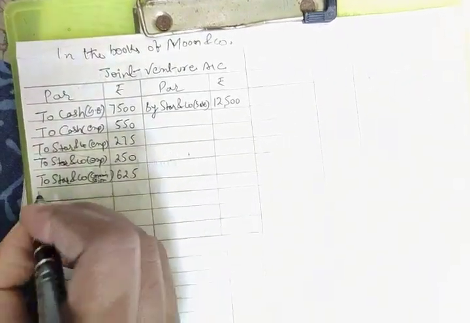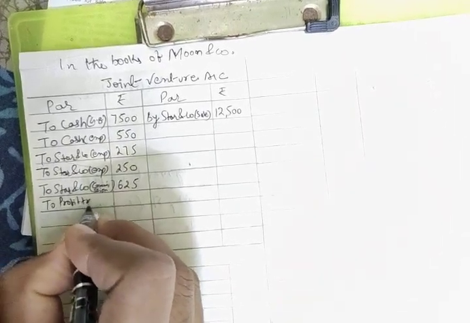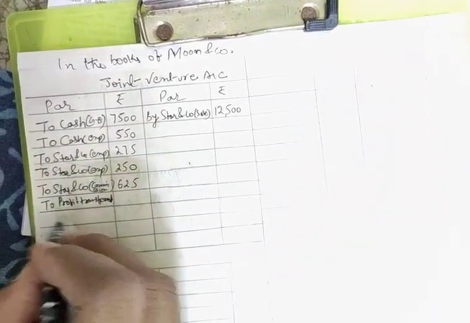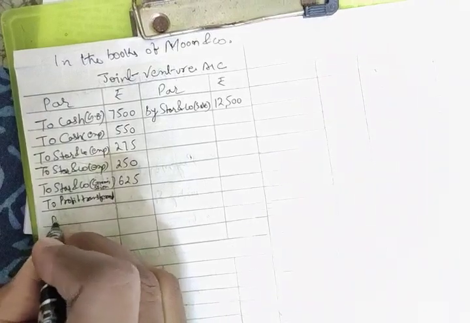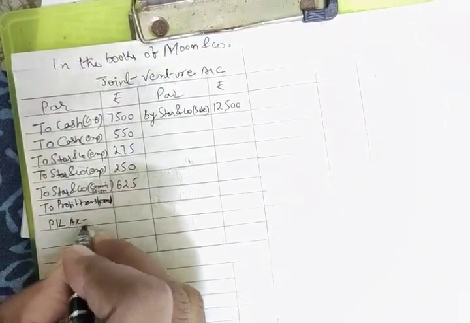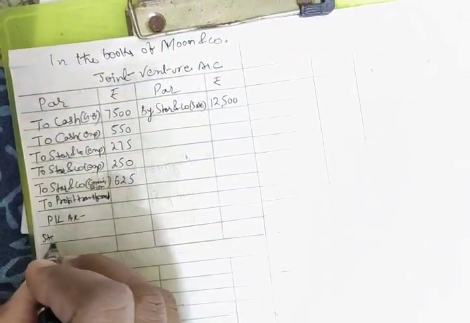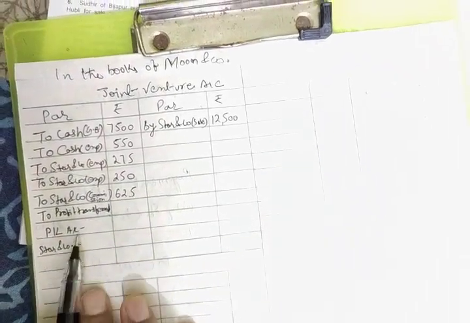That means we have the profit. So we have to write here, to profit transferred. Whose account? One will be your Moon and Company profit and loss account, and the other will be your Star and Company account.